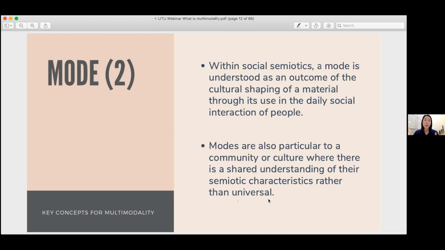If you think about social media, different platforms require different kinds of communication. Like I mentioned, if you go to Pinterest or Instagram, visual is going to be dominant on those platforms. However, on other sites like YouTube, it's going to be video and things like that. So it is quite particular to a community or sometimes a culture, just like 555 or ha ha ha in Thai. You cannot assume that the understanding of modes is going to be universal, because it is a product of cultural shaping.